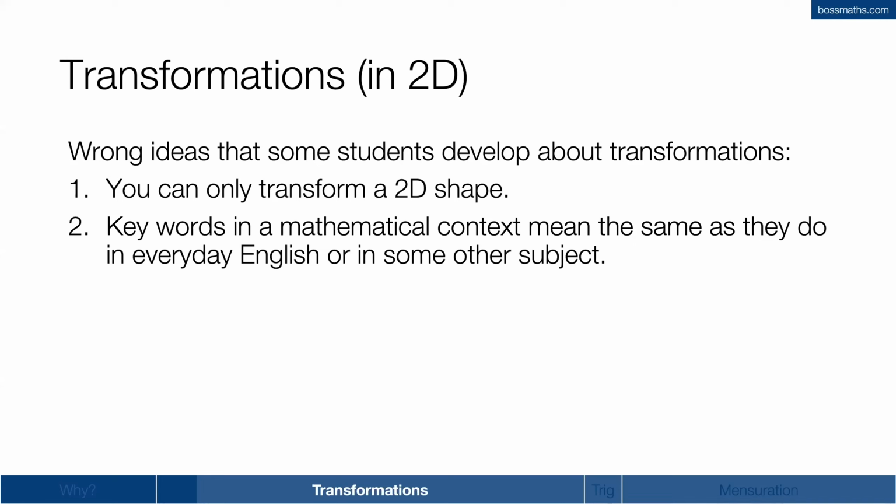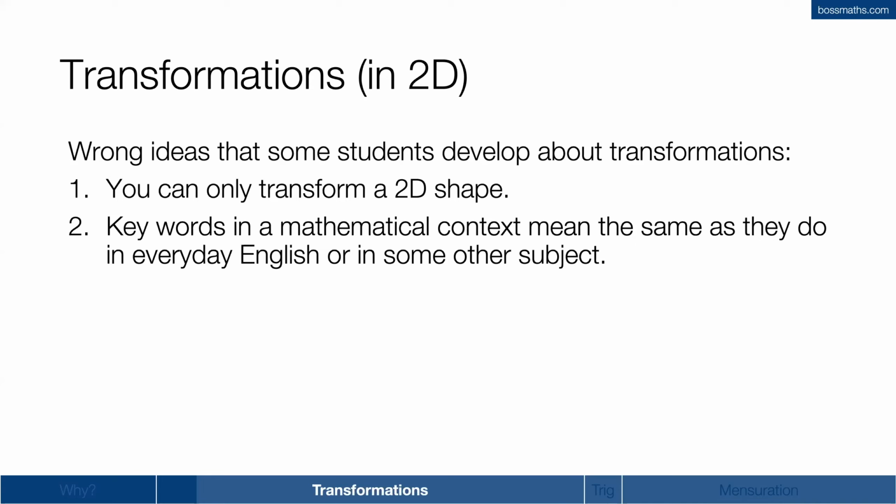So the first kind of wrong idea students sometimes get is that you can only transform 2D shapes. Now, for this workshop, let's just assume I'm only talking about transformations in 2 dimensions. I'm not doing anything fancy in 3D, but even if we restrict ourselves to 2D transformations, it is a misconception to think transformations only apply to 2D shapes.